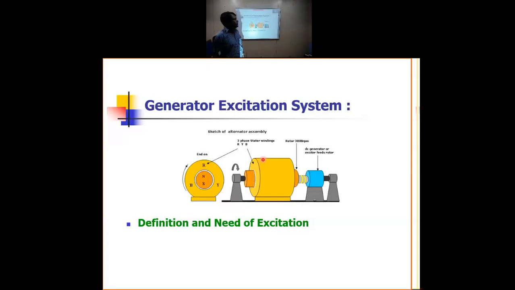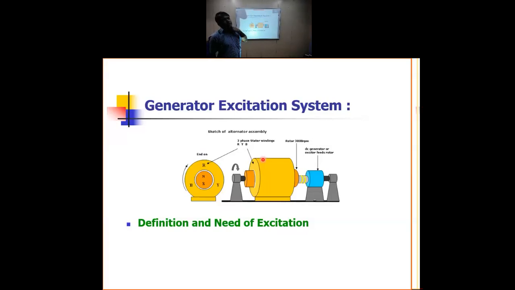And secondly, by the excitation control, that means by controlling the magnetic field strength, we can control the reactive power generation from the generator, and that is a very important and essential matter for power system stability.